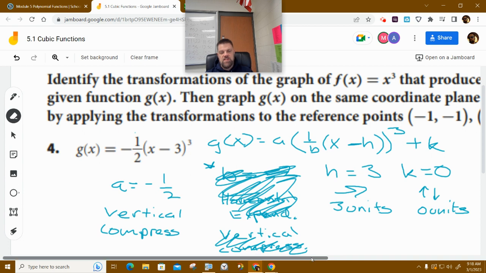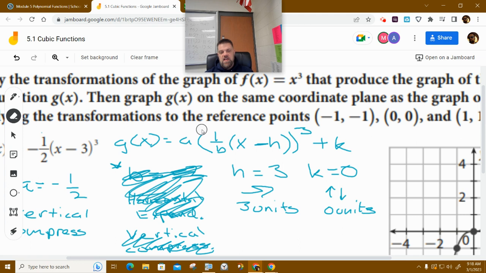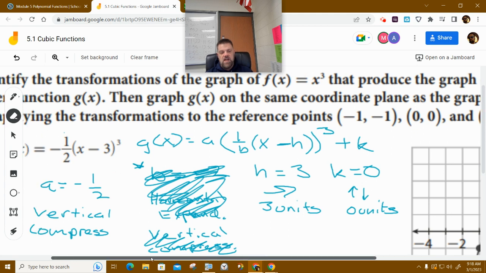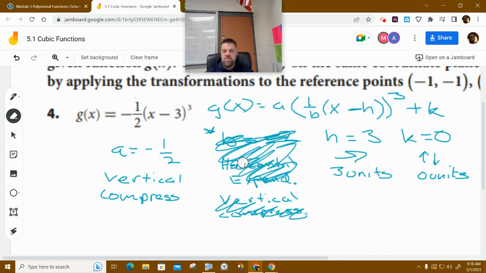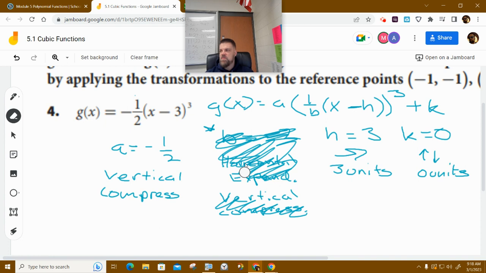So if I look at this, Mr. Adams kind of made a mistake there. If I look at this, we would raise b to the third power. And since this is not in parentheses and not being raised to the third power, then it's an a term. Okay, so Mr. Adams made a slight mistake there. Okay, did I confuse you guys by making that mistake? Okay. It's okay to make mistakes as long as you fix them. See how I caught it before I did it?